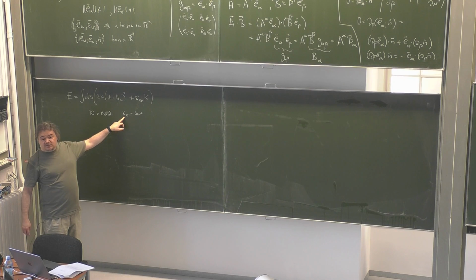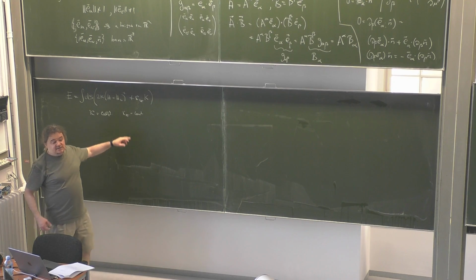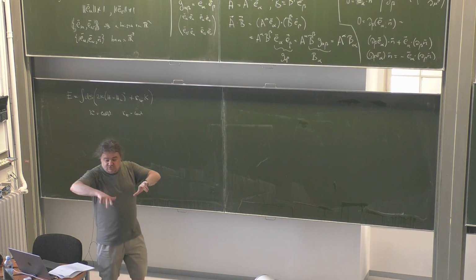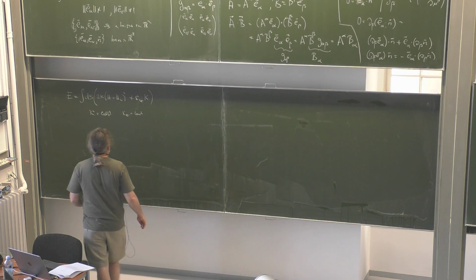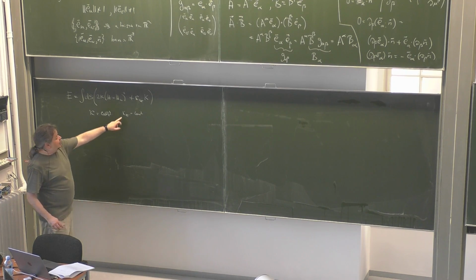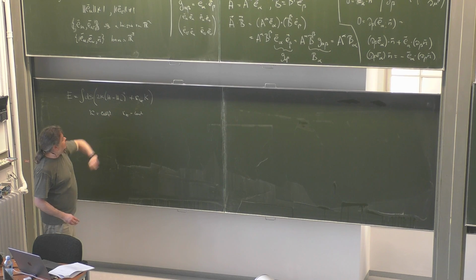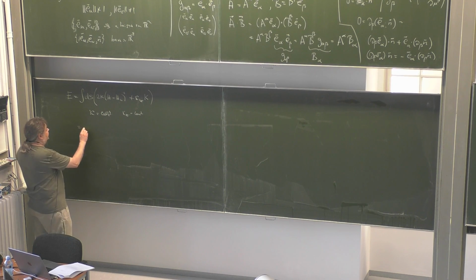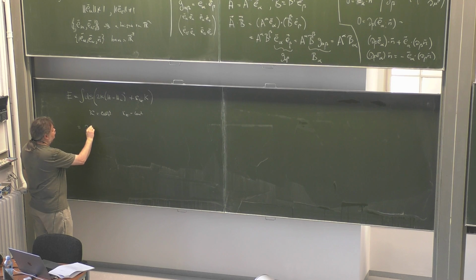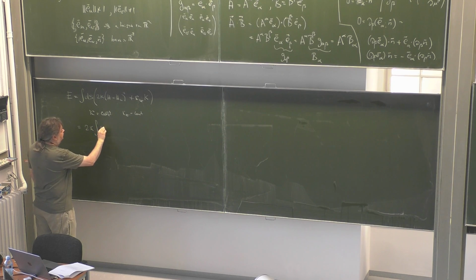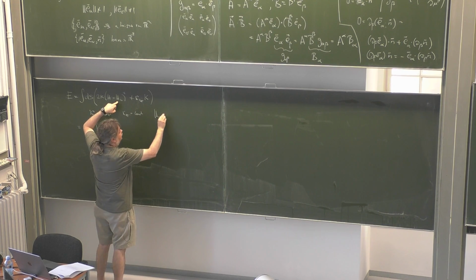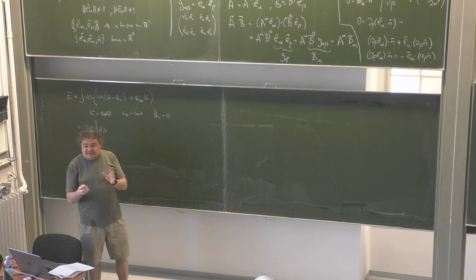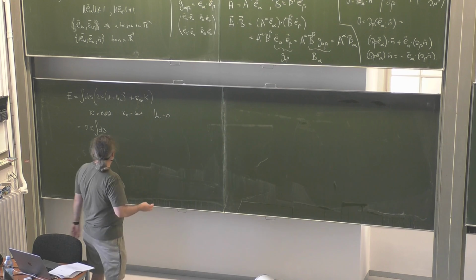This is called the Gaussian splay modulus. This tells you how much it costs you to form things like saddles. But I'm not going to care about this guy, because if these are constants, then I can write my energy as 2 kappa integral ds. And I said I'm also going to assume that H naught is equal to 0. This is just an assumption to make my life easier. Right?